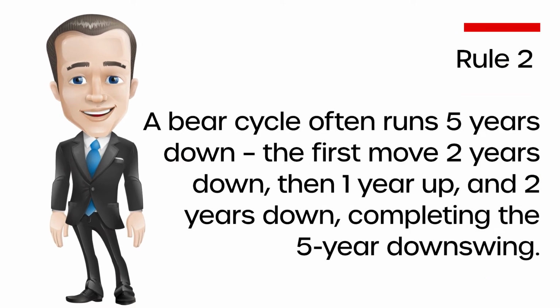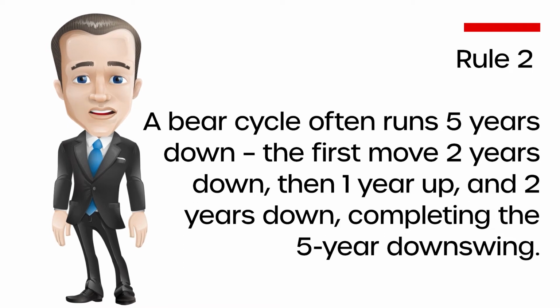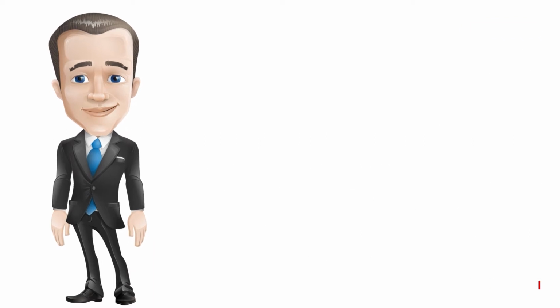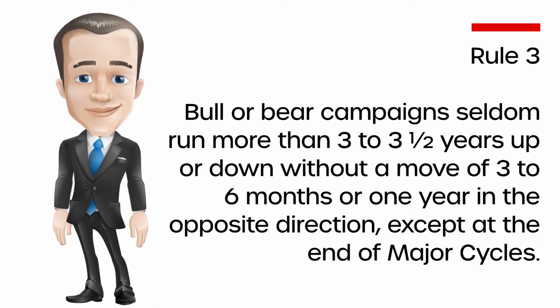Rule 2. A bear cycle often runs 5 years down. The first move is 2 years down, then 1 year up, and 2 years down, completing the 5-year downswing. Rule 3. Bull or bear campaigns seldom run more than 3 to 3.5 years up or down without a move of 3 to 6 months or 1 year in the opposite direction, except at the end of major cycles, like 1869 and 1929.